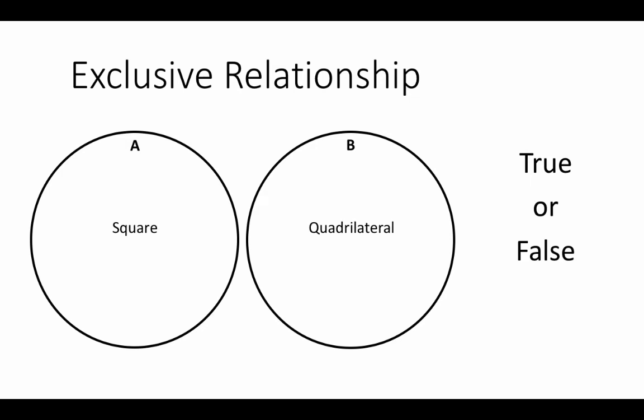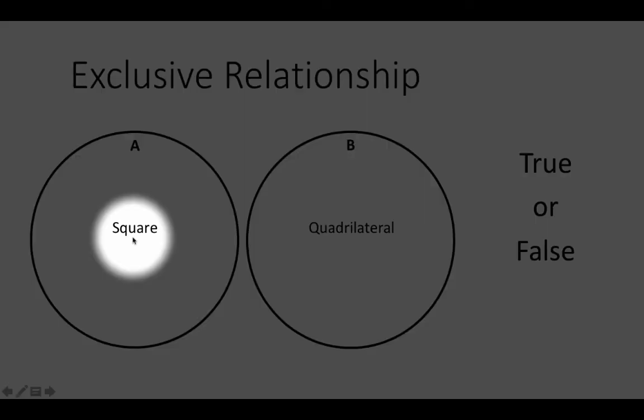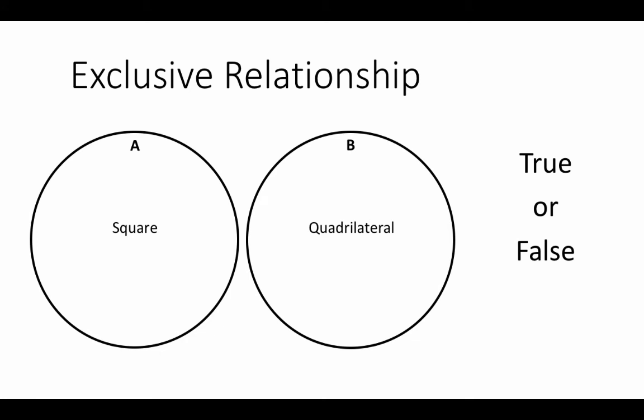Do squares and quadrilaterals have an exclusive relationship? A square is a quadrilateral with four right angles and four congruent sides. So if you are a square, you must be a quadrilateral. This is not an exclusive relationship.